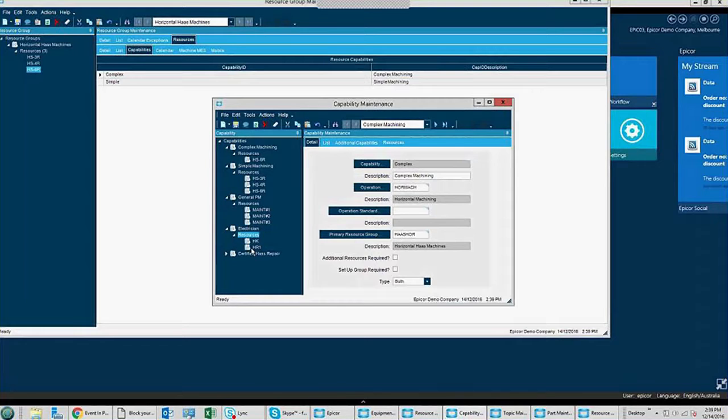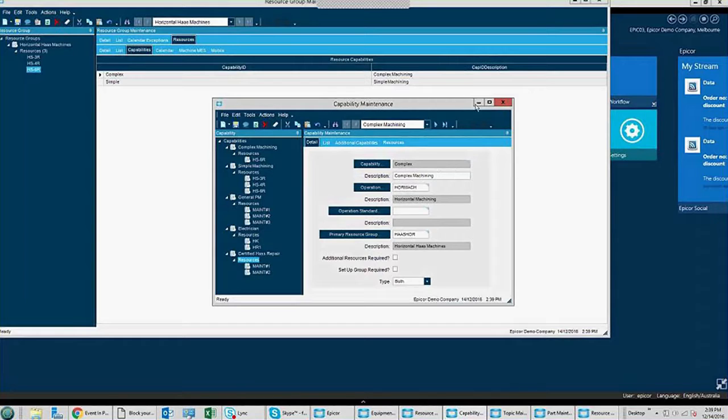Who is an electrician? Or for that particular machine, who's certified to do particular repairs? So it's the same scheduling engine for production environments as it is for maintenance environments. So finite versus infinite, backward schedule, forward schedule, capability matrices.